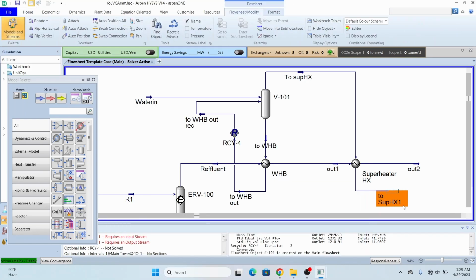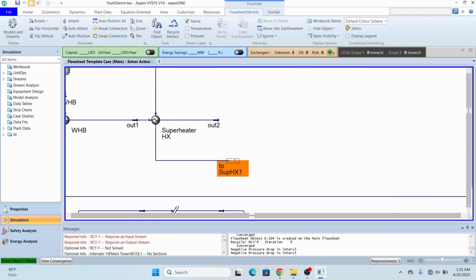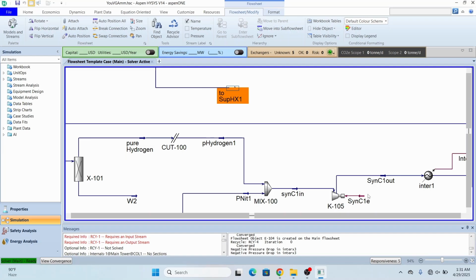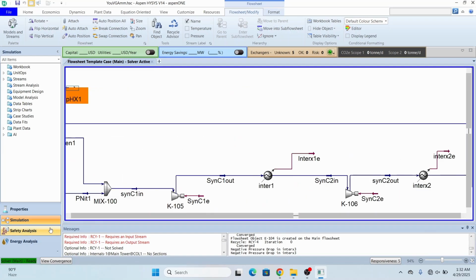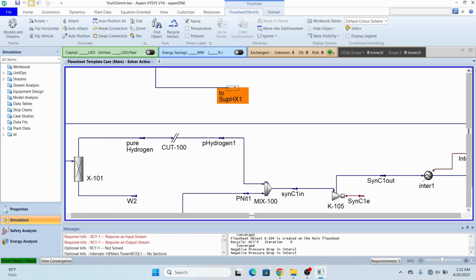The steam generated from this reactor effluent is at 100 bar and 345 degrees, to run a steam turbine, and from this steam turbine we will give power to these compressors. We will see how we do this in this simulation as well.